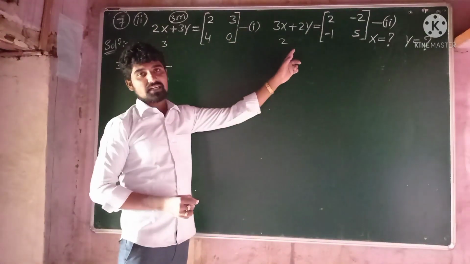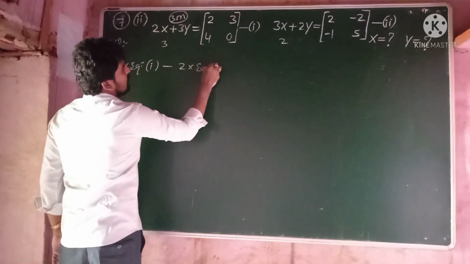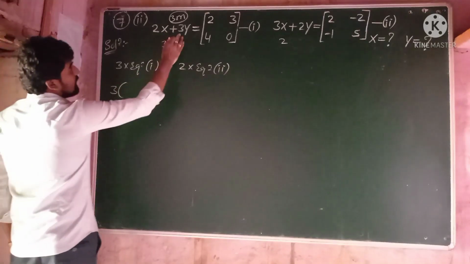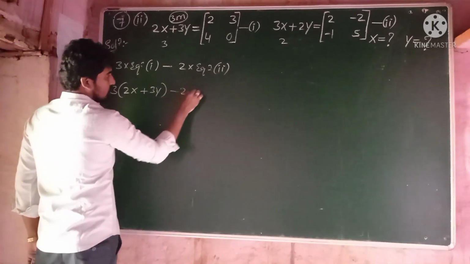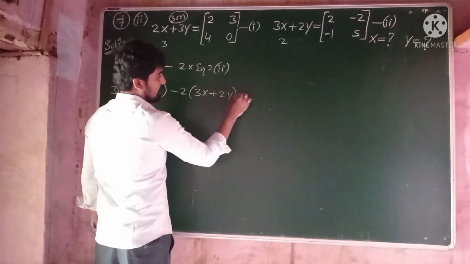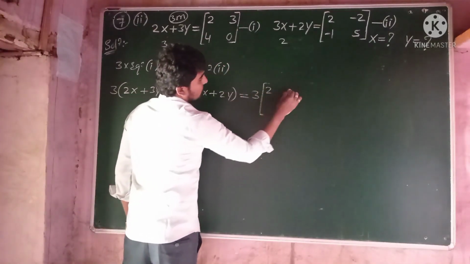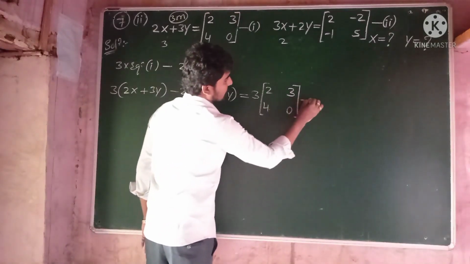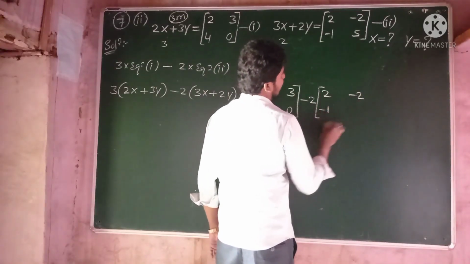Because 6X minus 6X gets cancelled, then directly you can get matrix Y. So 3 into LHS of equation 1 is 2X plus 3Y, minus 2 into LHS of equation 2 is 3X plus 2Y, equals 3 into RHS of equation 1, which is 2 3 4 0, minus 2 into RHS of equation 2, which is 2 minus 1 5.